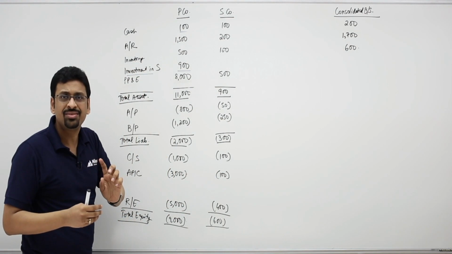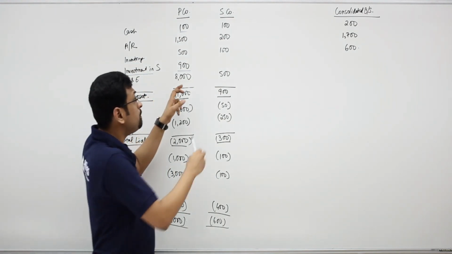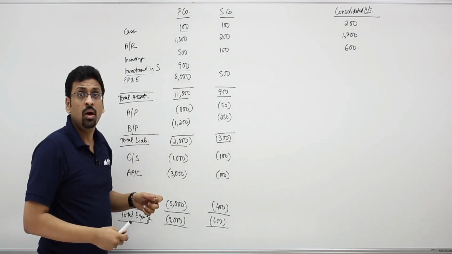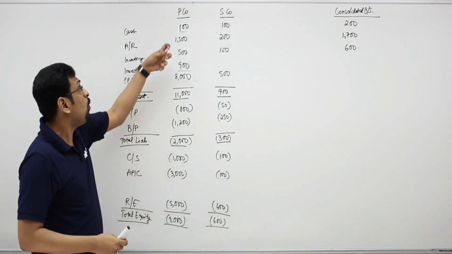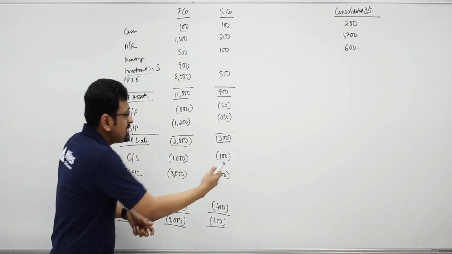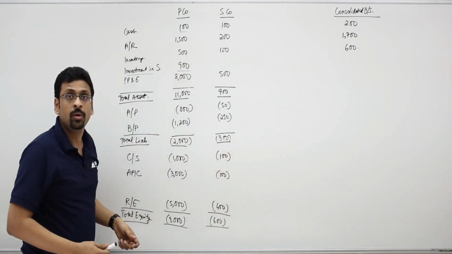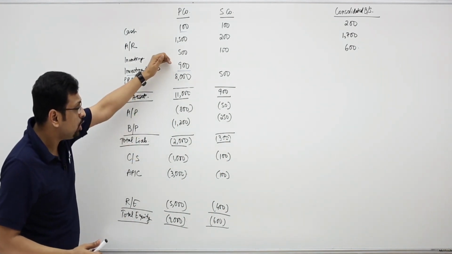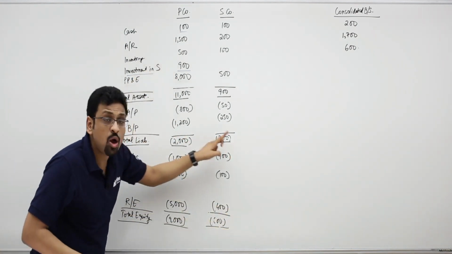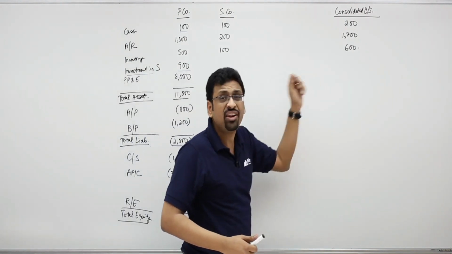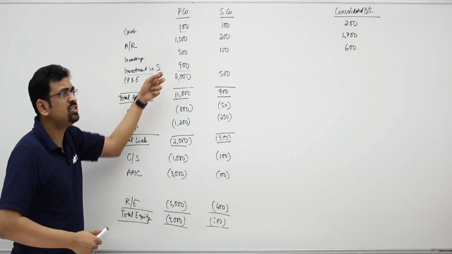Doesn't make sense. So when we are preparing consolidated financial statements, we don't want this number, because this is an investment which the parent has made in the subsidiary to acquire the subsidiary's stock. You getting it? We paid $900 to acquire all of the subsidiary stock, so when preparing consolidated financial statements, we don't want this there.